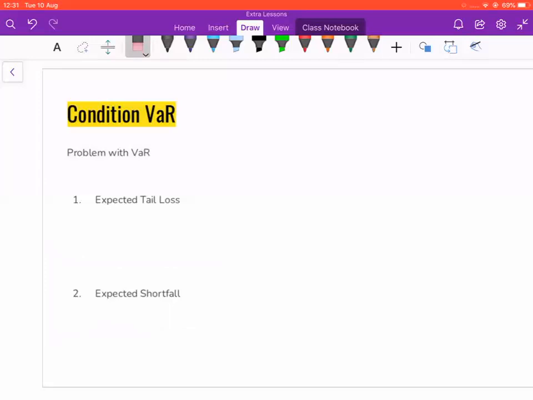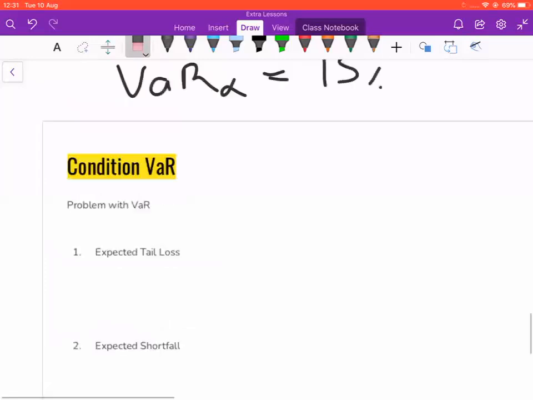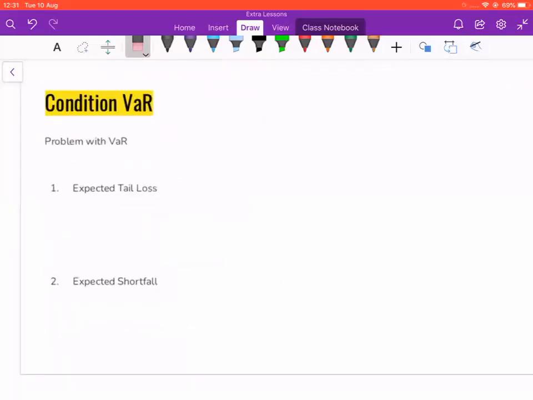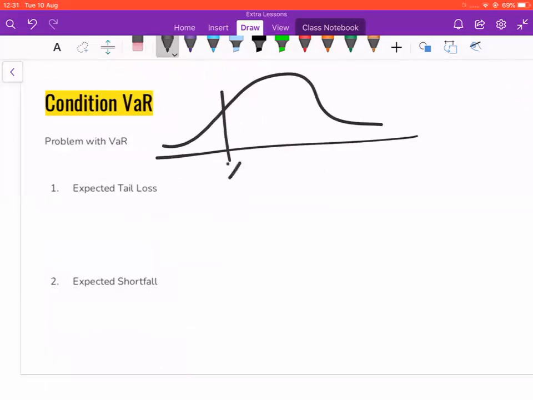There is a problem with VaR, right? VaR only finds that value. It does not say anything about any values below it. So here we are trying to find the expectation of the area below VaR, and we call this expected tail loss, or ETL.